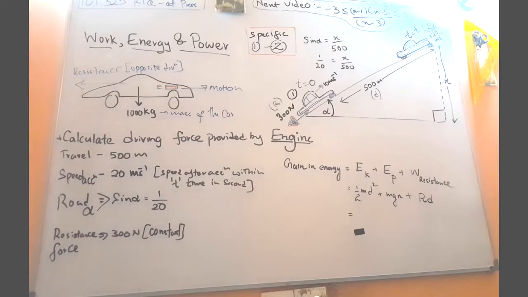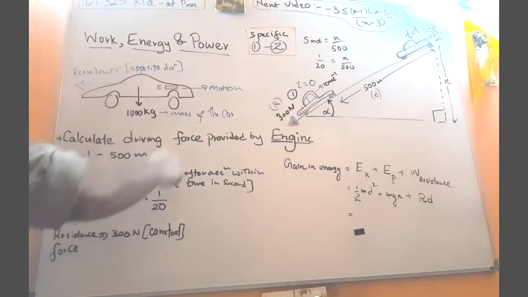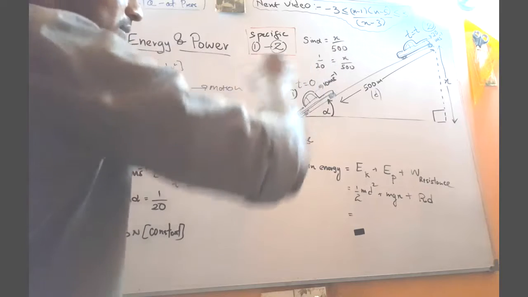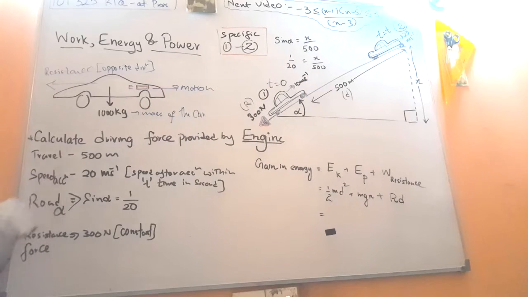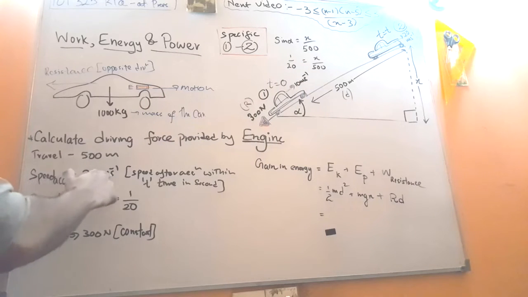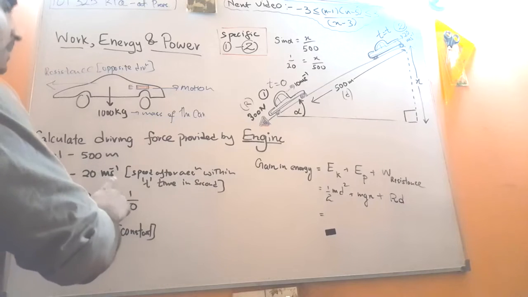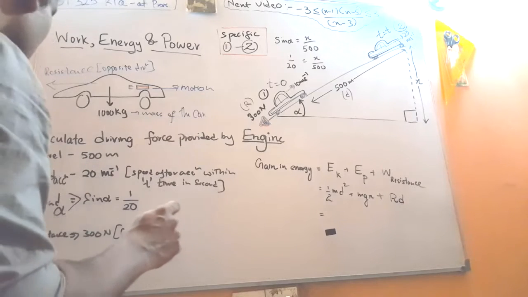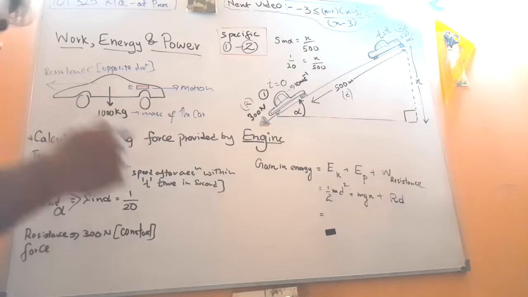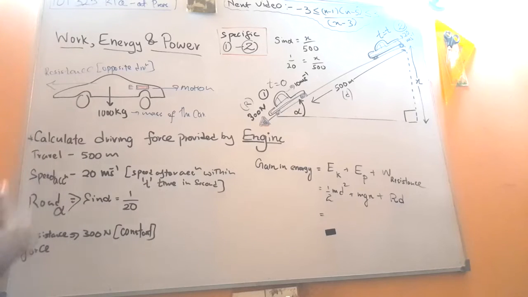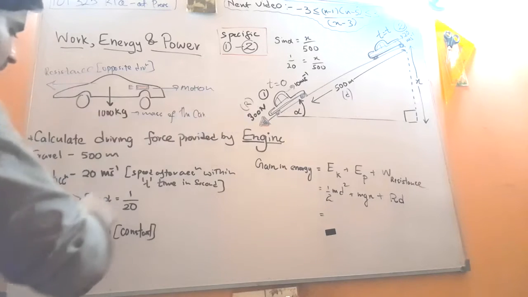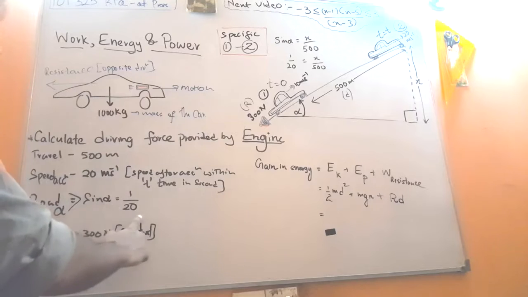In this problem, it is given that the travel distance is 500 meters along this inclined road, and the final speed that the vehicle attains is 20 meters per second. The road inclination is defined as alpha, where sin alpha is 1 divided by 20.